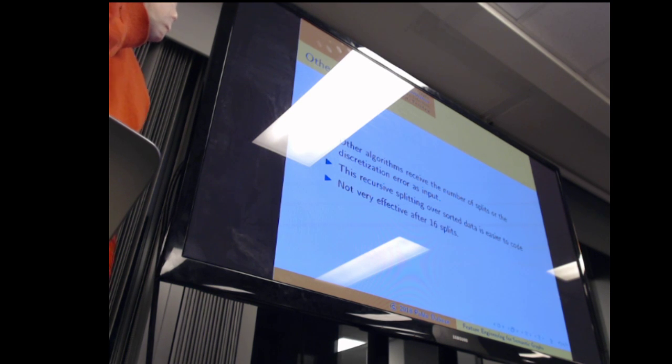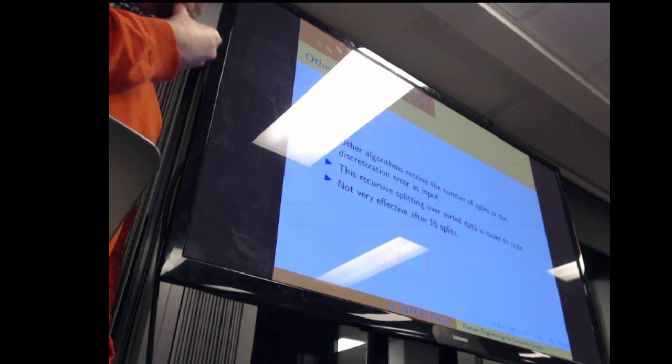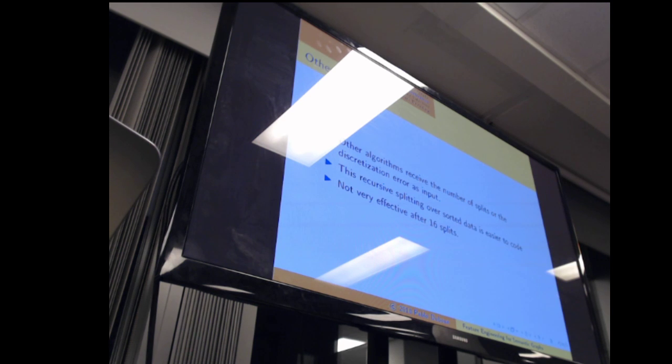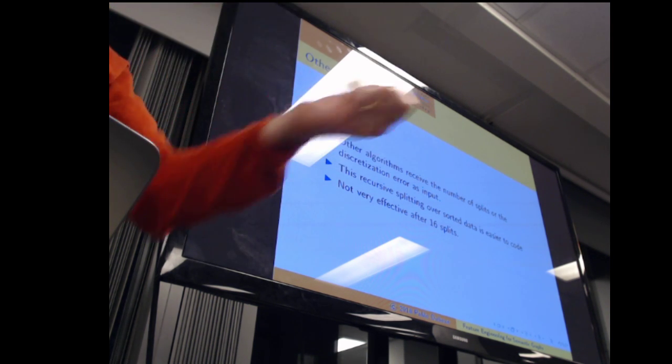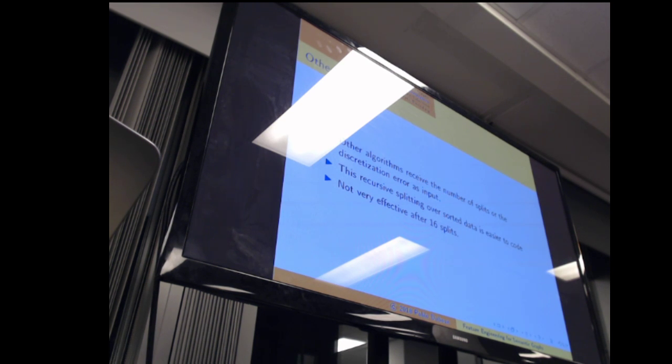Yes, but the recursive splitting is much easier to implement. And you know, the issue is that after a certain point, the number of splits gets too unwieldy. And also, I mean, using the discretization error as input is a much more effective way of dealing with discretization in general.